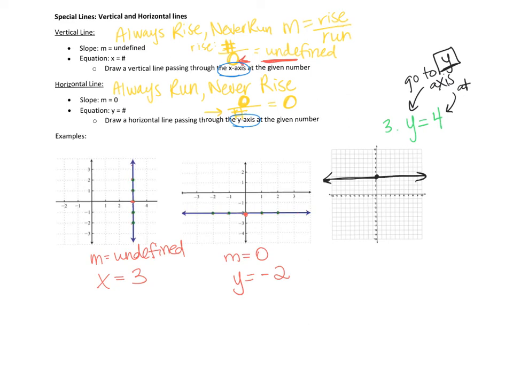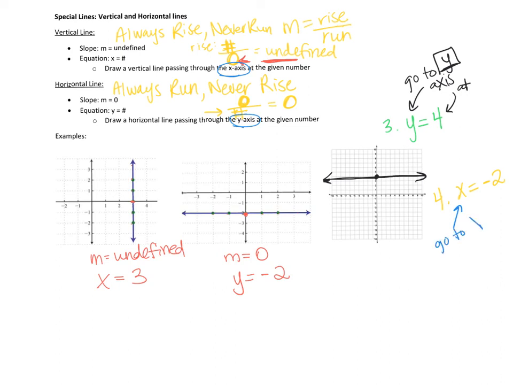Okay. Now, we'll just use the same graph here. Let's say that they gave me another example. Let's say they gave me x equals -2. So looking at this, remember what we said, if there's just a number, I'm going to look at this and I'm going to go to the axis.